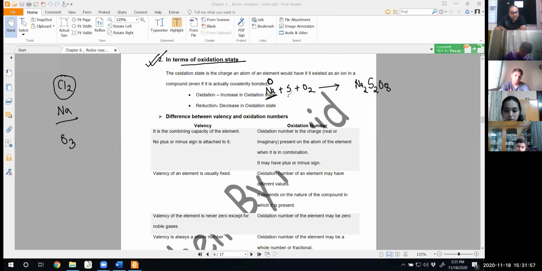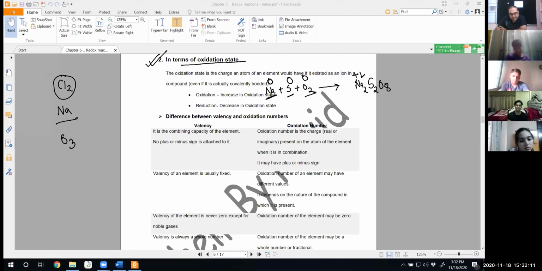What is the oxidation number of sulfur? 0. Oxygen? 0. Sodium normally has what charge? +1. Oxygen normally has what charge? -2. Here we have to find the sulfur.